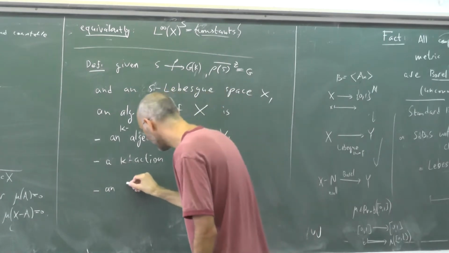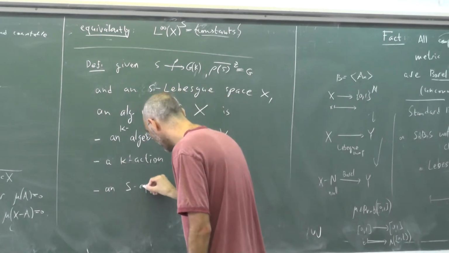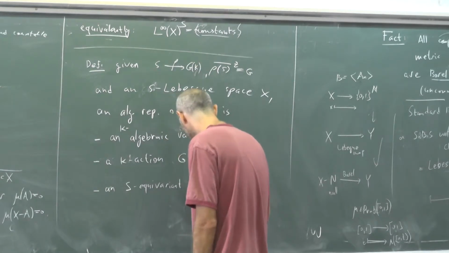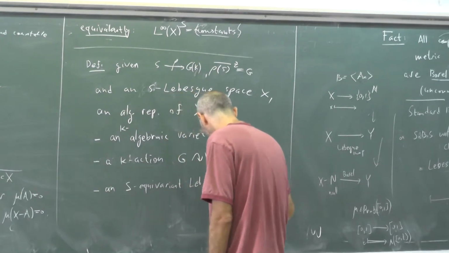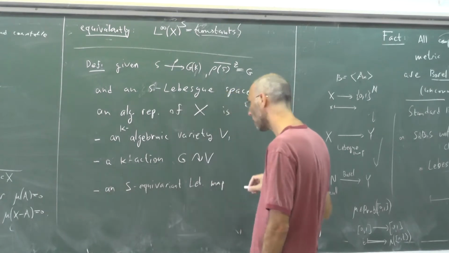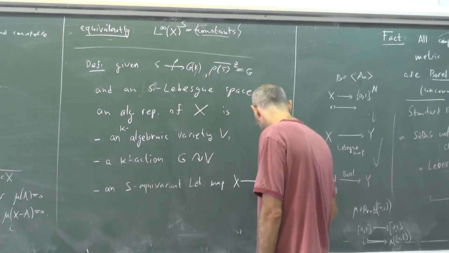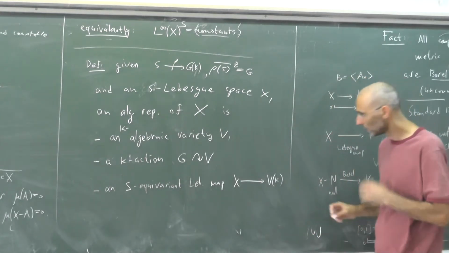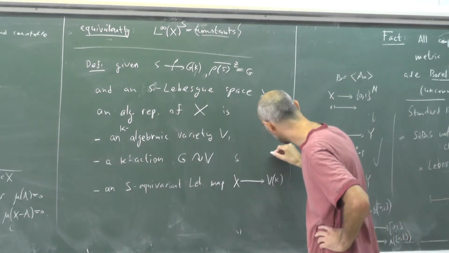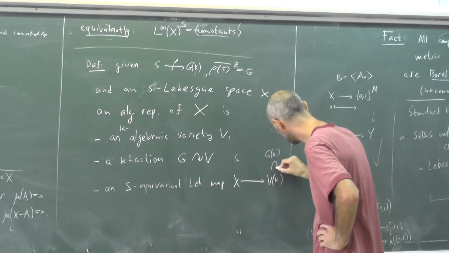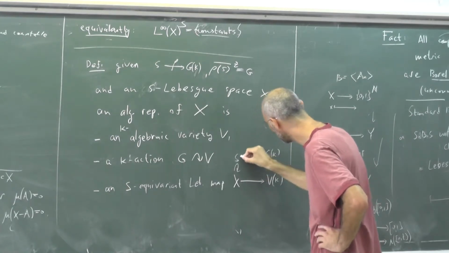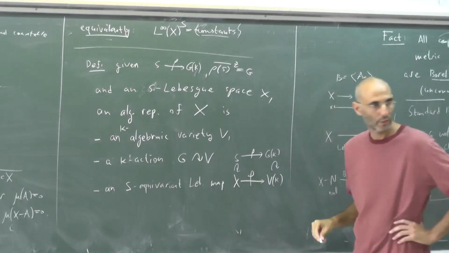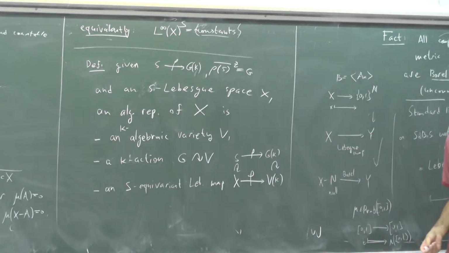So I want an S equivariant map phi from X to V(K). Just to be clear about it, this will act here, this will act here. I have a rho here, and I'm asking for this phi to be equivariant.